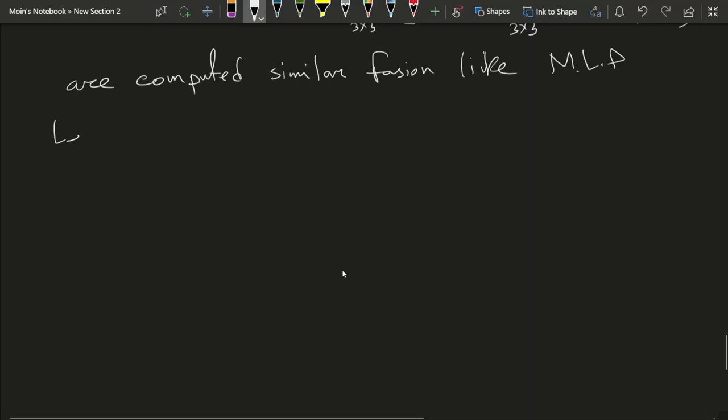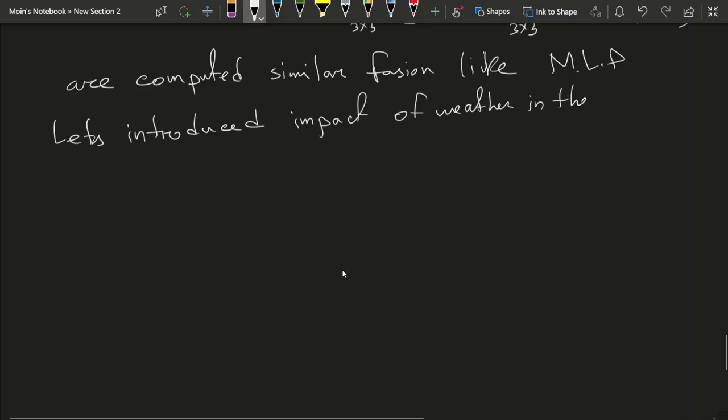Let's introduce the impact of weather in the generation problem. Let's take Saturday, Sunday, Monday, Tuesday, Wednesday, Thursday, Friday.